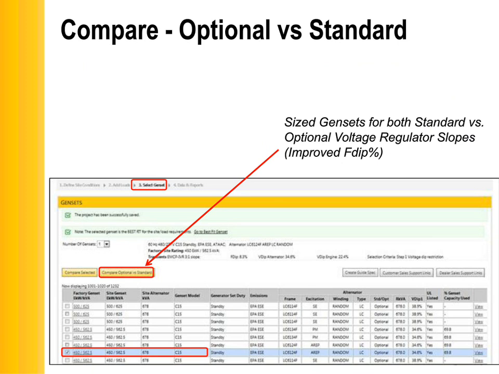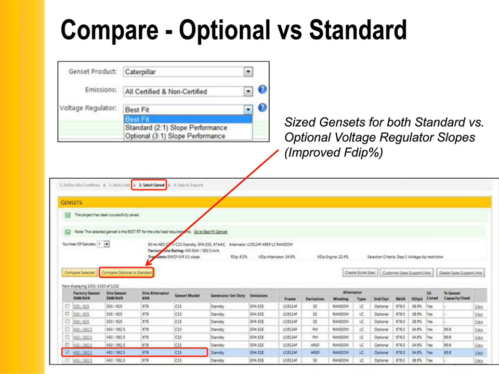Now, you can manage that back on the Define Site Conditions page. There's an option called Voltage Regulator Slope. The default is Best Fit. That automatically does the comparison for you, but you can also force the sizing to the standard voltage regulator slope, or you can force the sizing to the optional 3-to-1 voltage regulator slope.